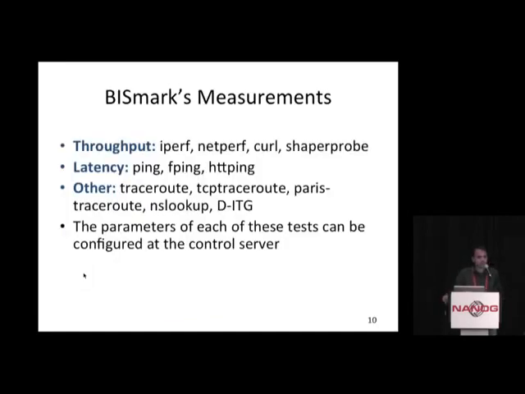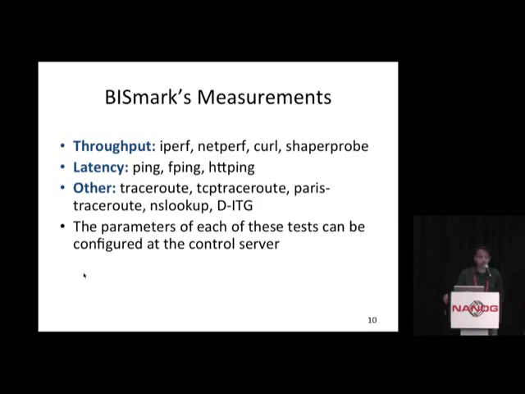So beyond throughput and latency, we also conduct DNS lookup and traceroute measurements. All the parameters are completely configurable from the server, so the duration and the frequency of the tests can all be controlled from the server itself.